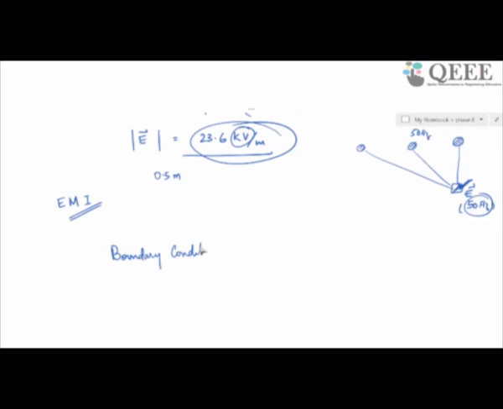One more last important consequence I want to talk about is a boundary condition, which you will keep using over and over again. Let us say this is metal, or let us say this is a conductor and this is a dielectric.